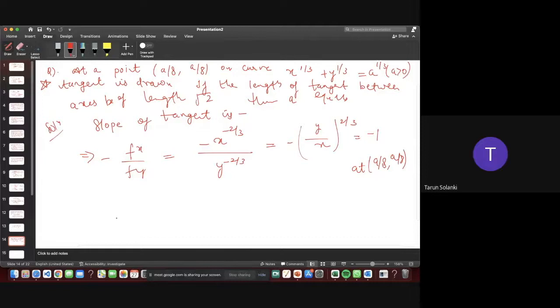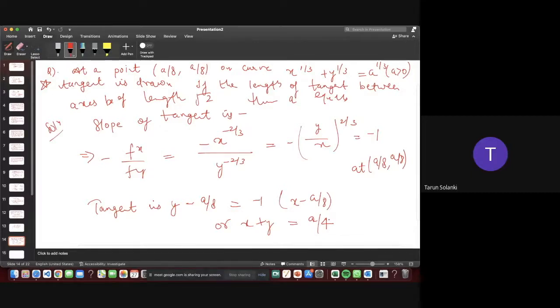Right? Now the tangent is y minus a by 8 is equal to minus 1 times x minus a by 8, or we can say x plus y is equal to a by 4.